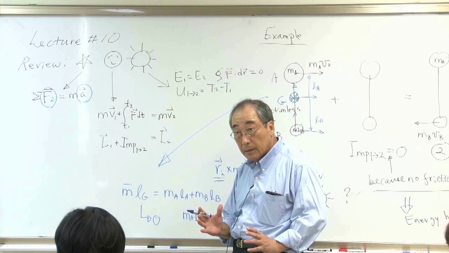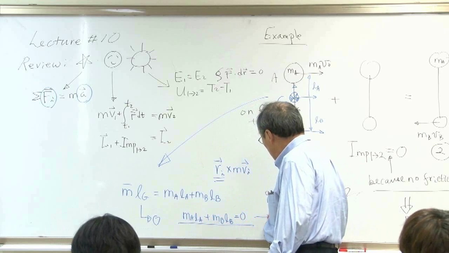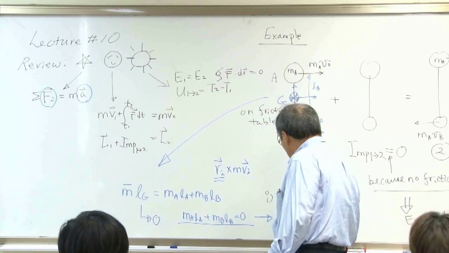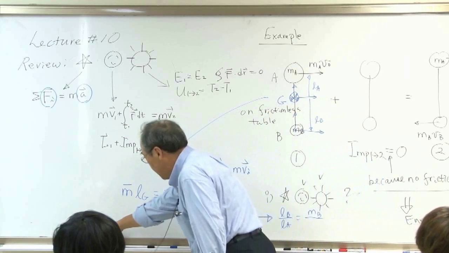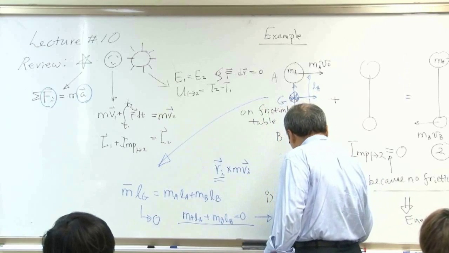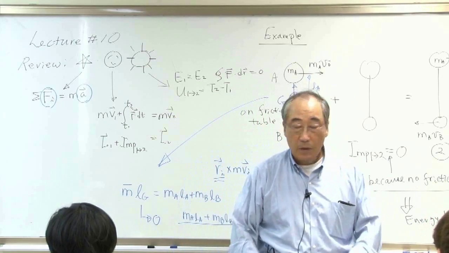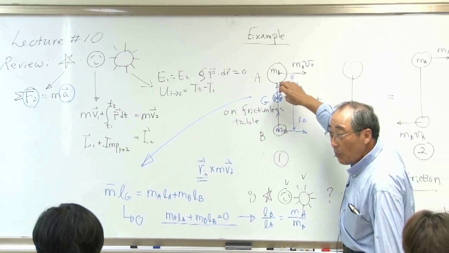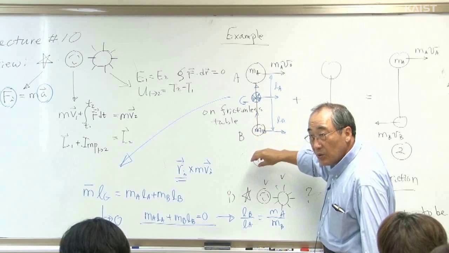Okay. So this equation actually says the ratio between L_A and L_B has to be inversely proportional to the mass. Does it make sense? If there is a large mass, the center of mass has to go upward. If that one is a small mass, the center of mass goes downward.